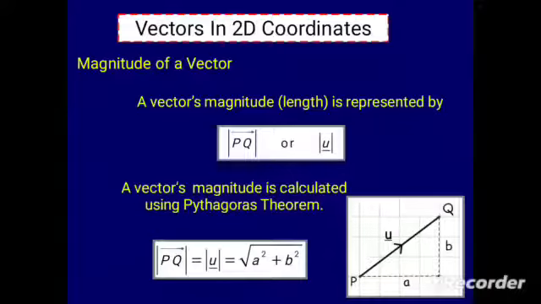That can also be said to be the magnitude of vector u because they mean the same thing. So the Pythagoras theorem here will be the square root of a squared plus b squared. Of course, a and b are the coordinates.